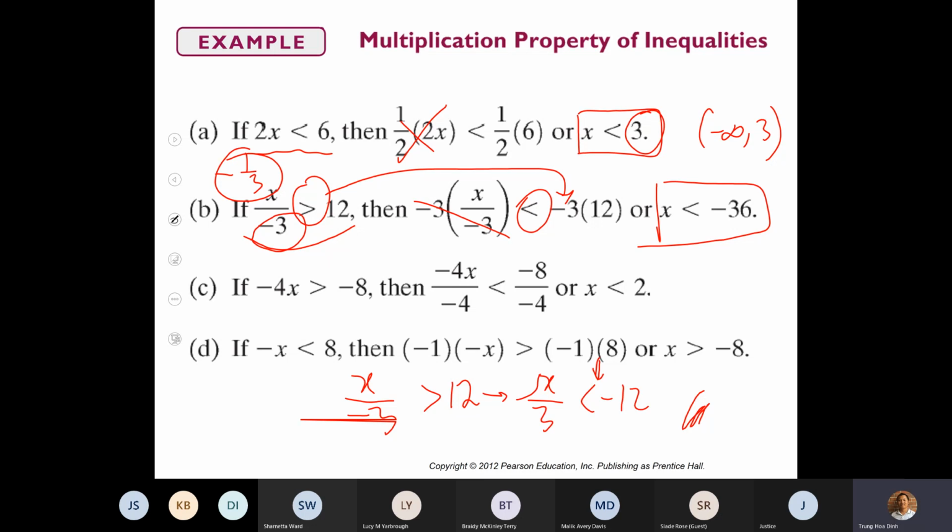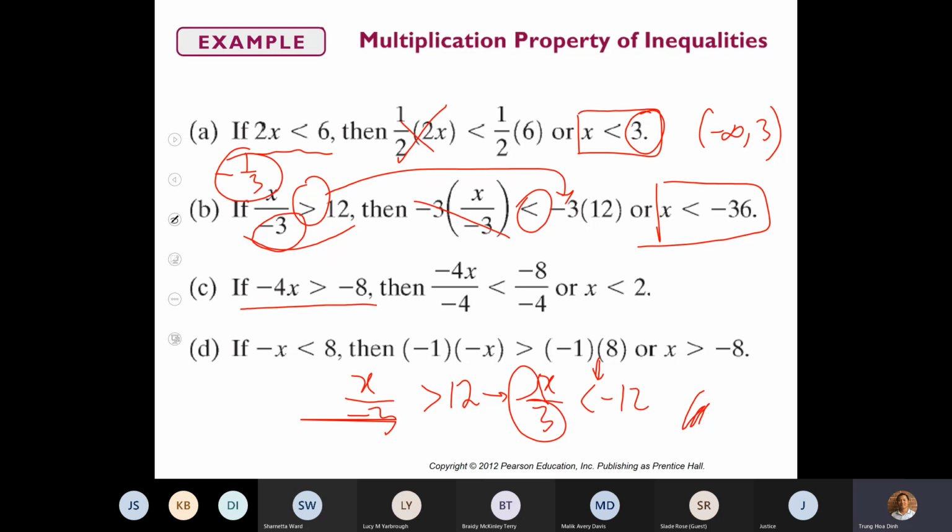X over 3 means 1/3 times x. Is that right? So if you want to avoid working with negative coefficients, you might do like that. Just multiply both sides by negative 1 and change, right? You get negative 1/3 in here, and then you do with positive numbers. Does that make sense? All right, next example.